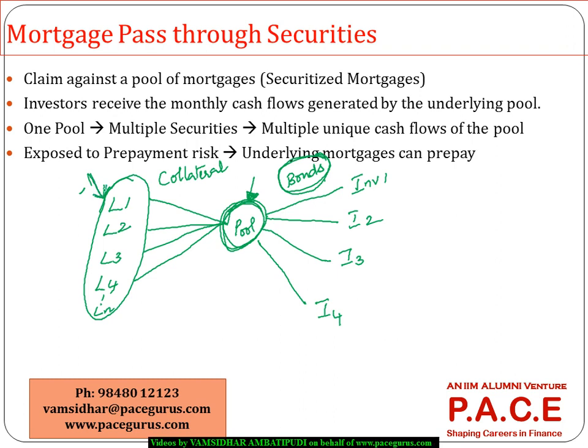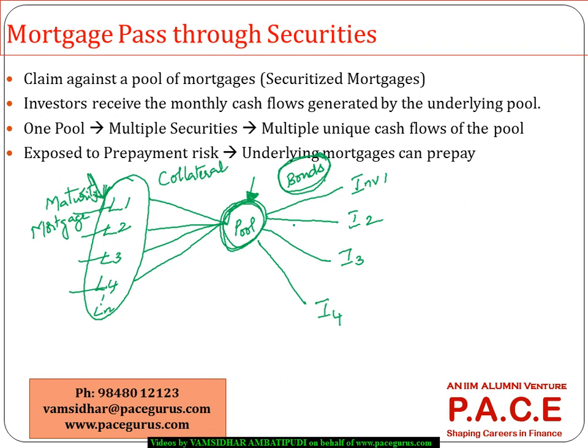Basically, we are creating securities like bonds which have the underlying mortgages as the collateral. Each mortgage created in that mechanism is called a securitized mortgage, and this kind of setup is what we treat as a mortgage pass-through security. These loans can have completely different characteristics. Each one could be for a different maturity period, different time period of the loan, different mortgage rate. All these things can exist for each of these loans.